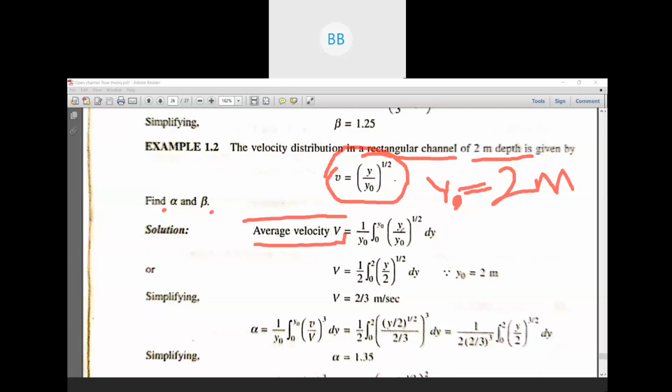So for average velocity, it is 1 by y naught, integration from 0 to y naught, that is the maximum limit, of small v dy. In place of small v, we are going to substitute this equation, that is (y by y naught) to the power half, dy.